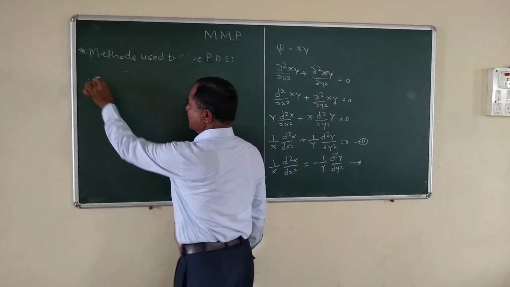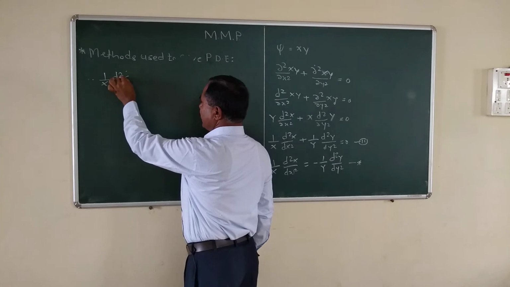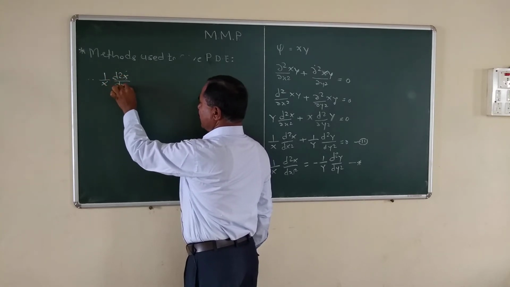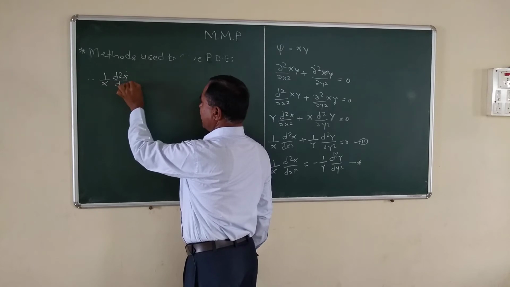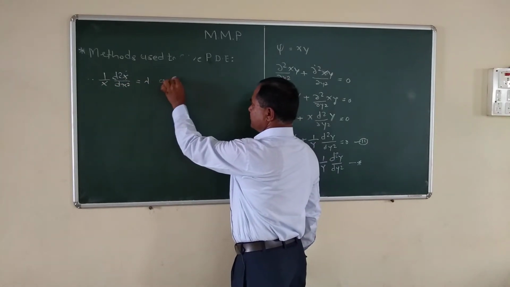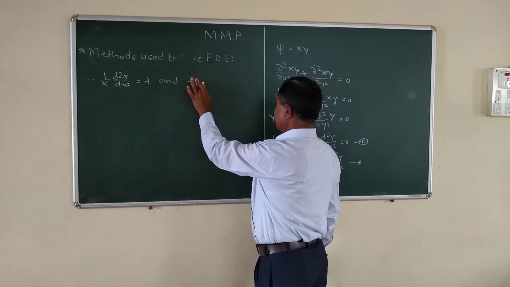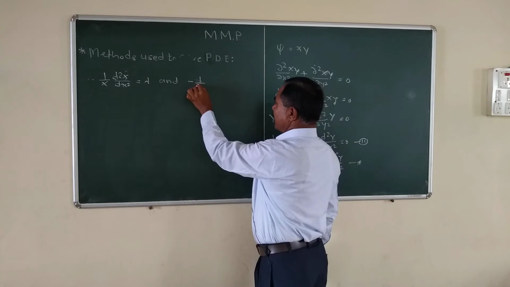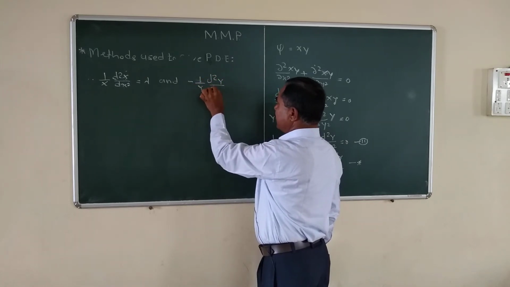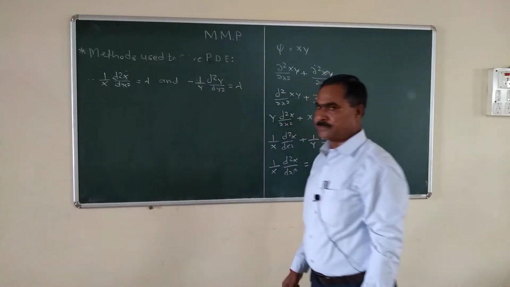Therefore 1 by X d2X by dx square equal to say lambda, and minus 1 upon Y d2Y by dy square equal to say lambda.